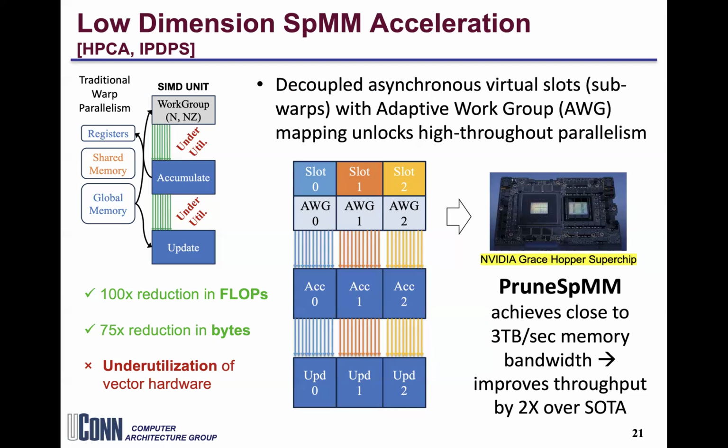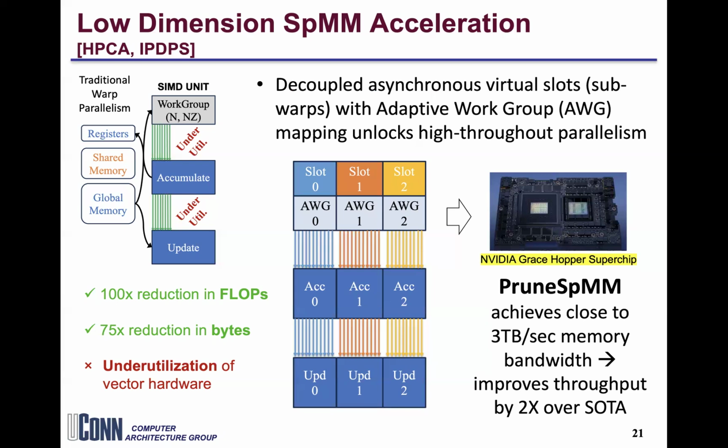And the idea is to decouple the accumulation update of that SPMM to a point where the communication can be minimized, so that you can unlock more and more of the throughput of these operators on these highly vectorized machines.